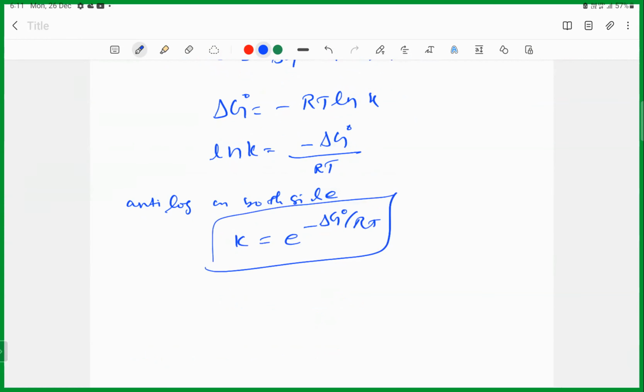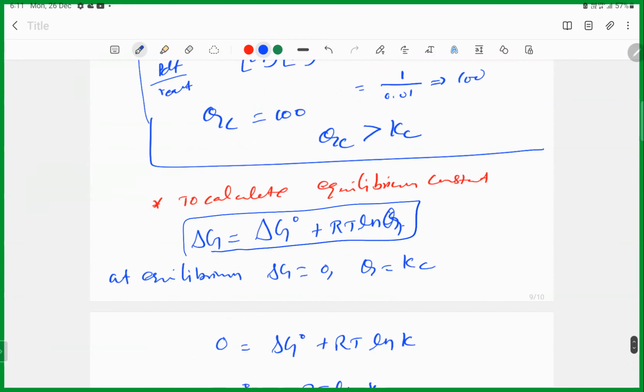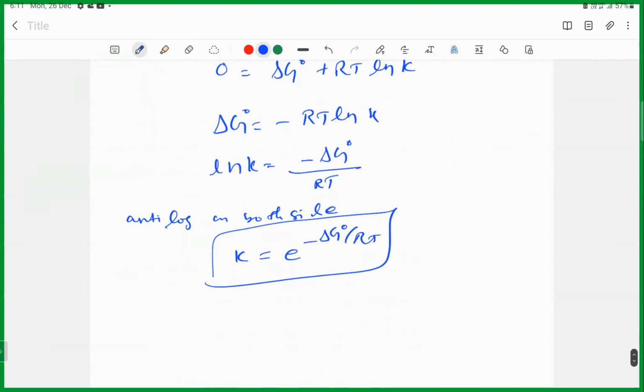So actually this equation is the mathematical expression of the thermodynamic view of chemical equilibrium. Okay, so from this we can derive the K value.